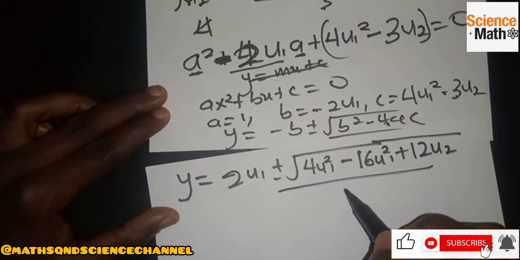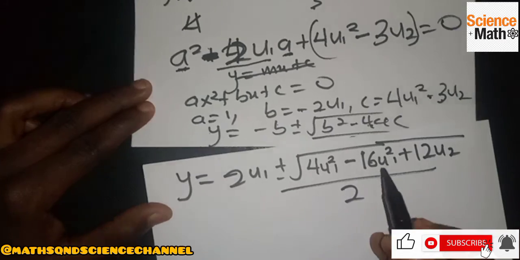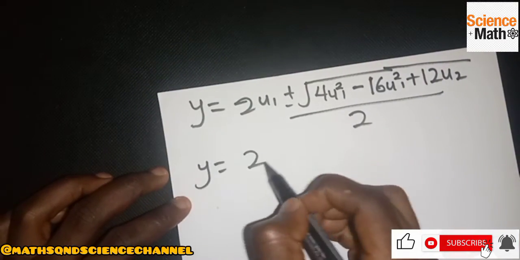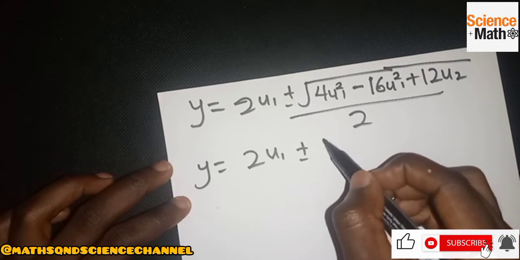Divided by 2a, 2a is just 2 multiplied by 1, which is 2, and then y here is just going to be 2 u1 plus or minus.